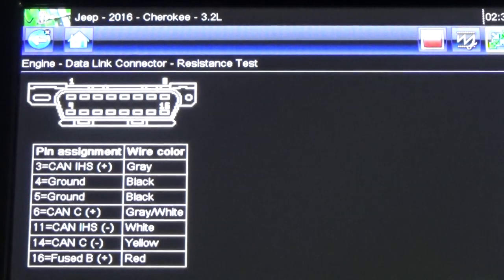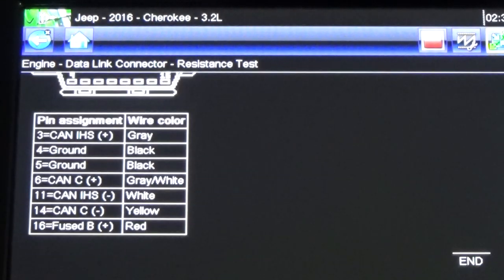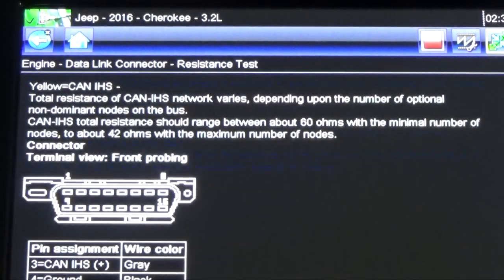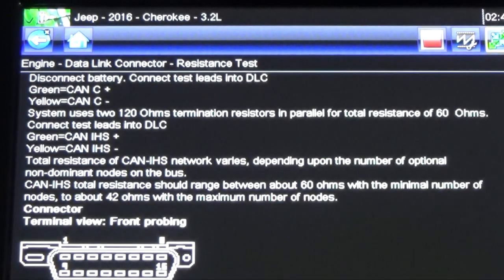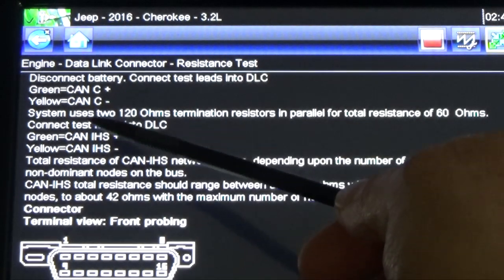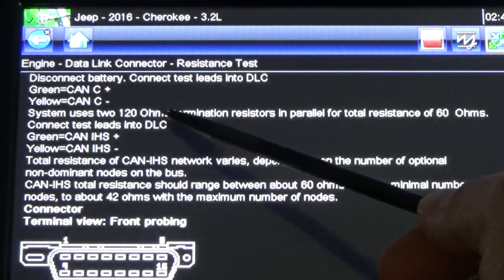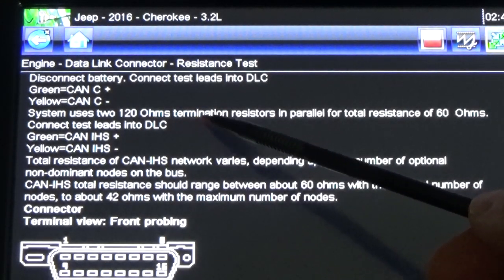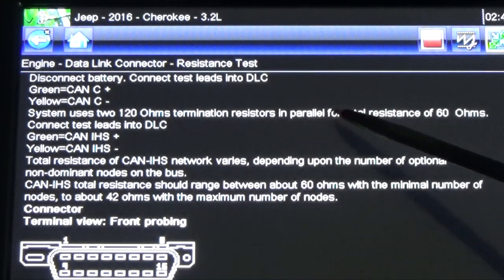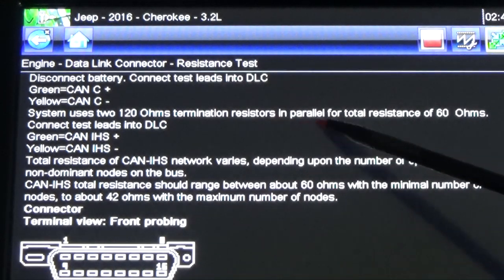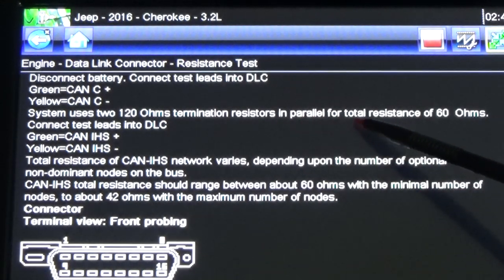And that is why the system description is very important to know, because the system uses 120 ohms resistance, and because it's parallel, you see, the total resistance is 60 ohms.